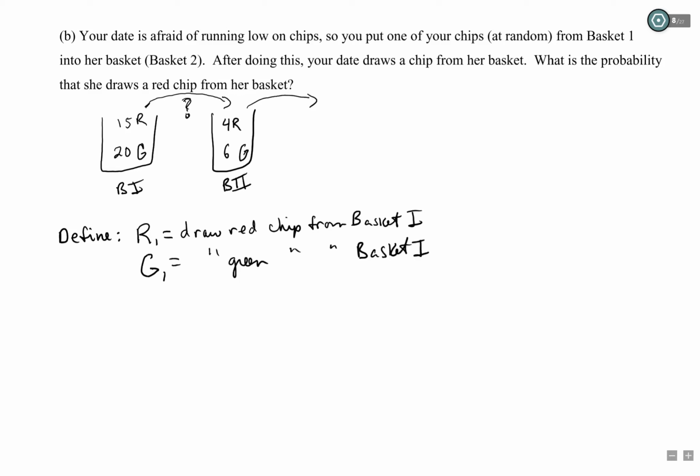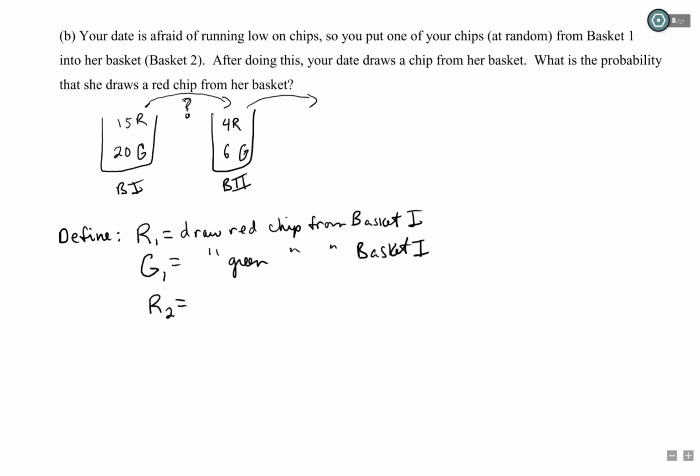Now, the reason I'm doing that is I want to account for the two possibilities of the first stage of this experiment, that I could be moving a red over to the second basket, or I could be moving a green over to the second basket. And I need to account for both of those. Now, in terms of the event of interest whose probability I'm computing, I'm just interested in a red coming out of the second basket after that first stage has taken place.